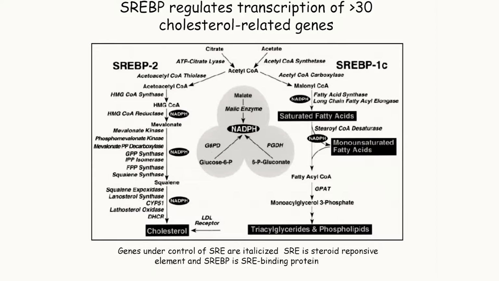So many of the enzymes, we're not going to talk about them, that we talked about when we went through the pathway, are all regulated by SREBP. And it's predominantly, again, there's overlap of the regulation between the different forms of the steroid responsive element binding protein. But you can see we have HMG-CoA reductase, which is the rate-limiting step, so that you might expect. But many of the other enzymes are also controlled by this transcription factor.